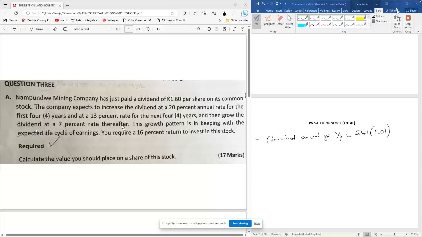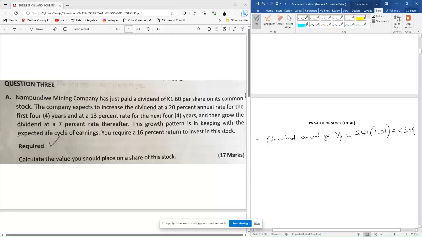So we're going to have 5.41 kwacha multiplied by 1.07 to the power nothing, right? So when we calculate this, what we are going to get is 5 kwacha 79 ngwe. So this is going to be our final dividend that grows thereafter at the rate of 7%.